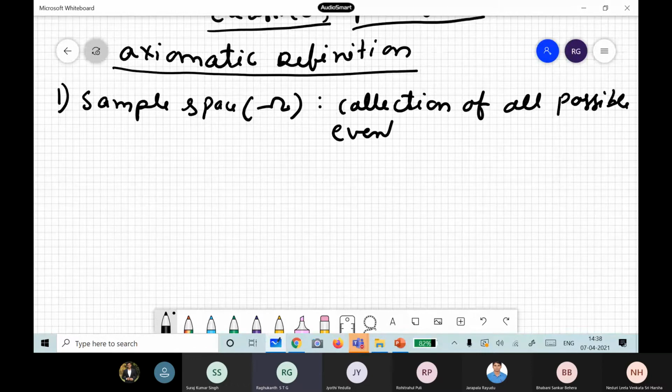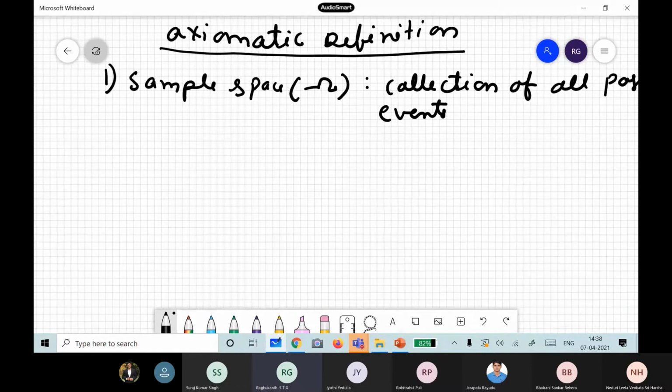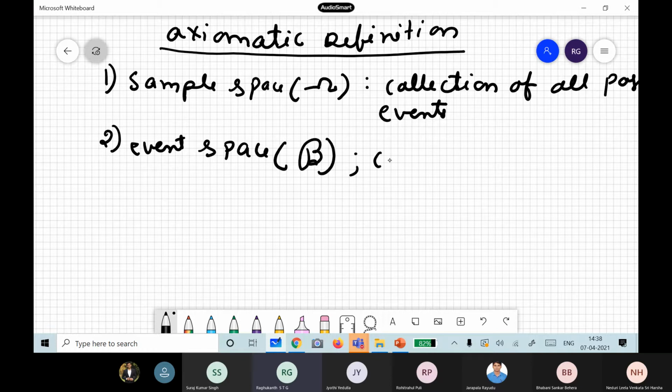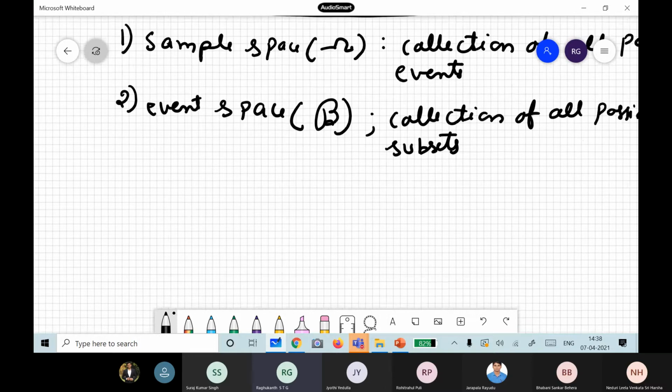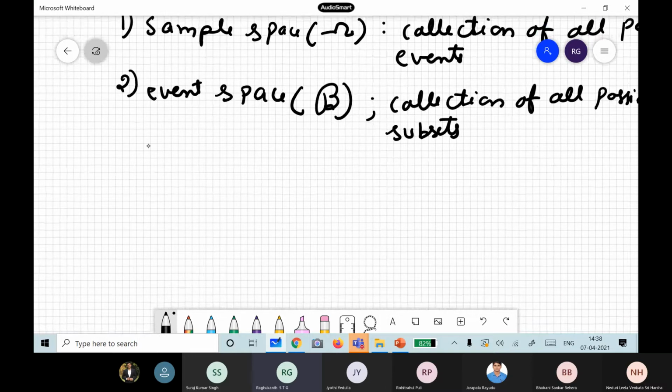Once you have the sample space, the next thing is the event space, denoted by the symbol B, which is nothing but the collection of all possible subsets. Now, once you have formed the sample space, for example, for tossing a coin, what is the sample space?